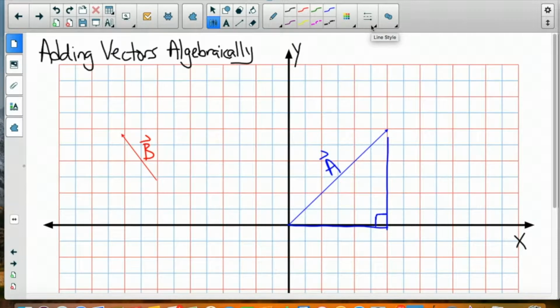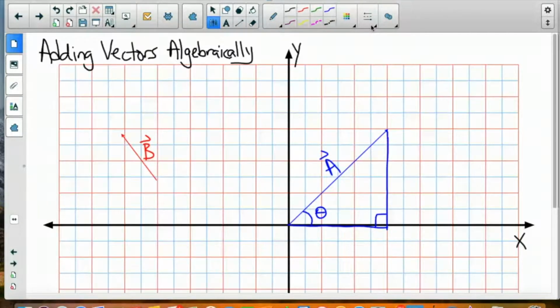So here's our right angle. We'll call this angle theta for our vector A. Now this right-angled triangle has, like any triangle, three sides.